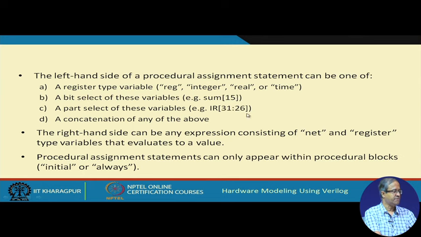This you can also mention, or you can concatenate one or more of these by enclosing them within curly braces, as I mentioned earlier. So, you can also use the concatenation operation.